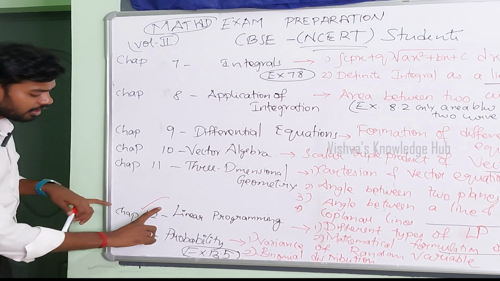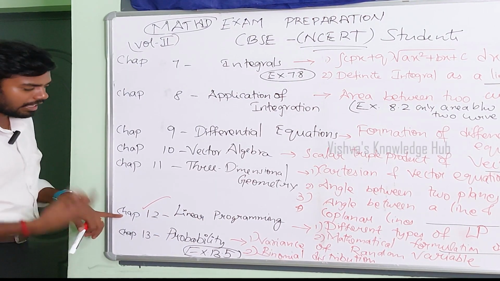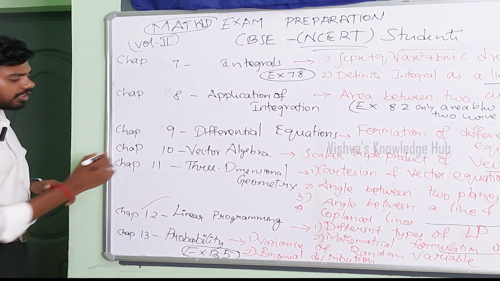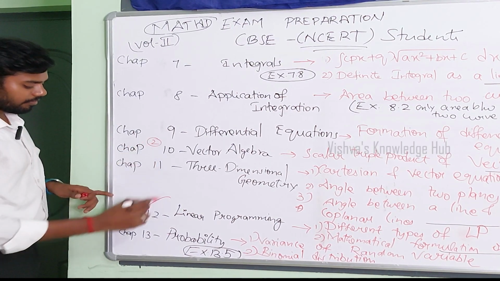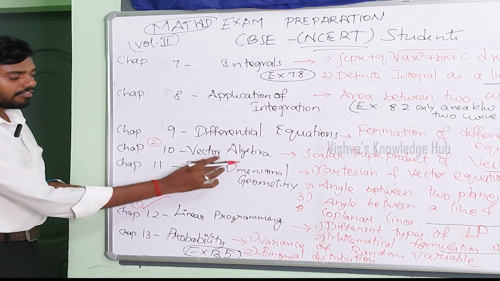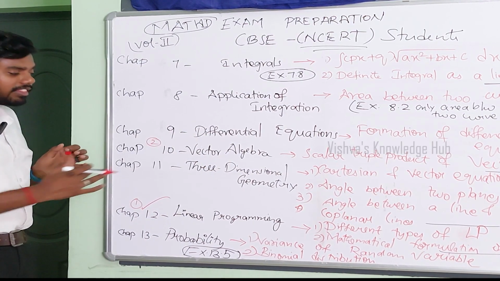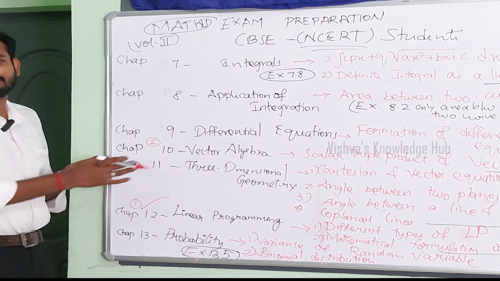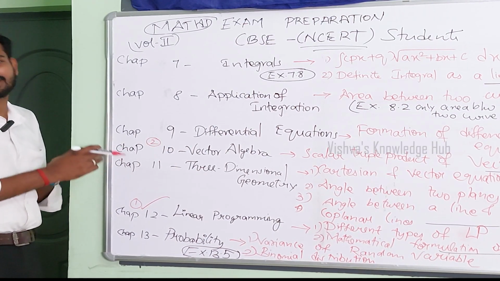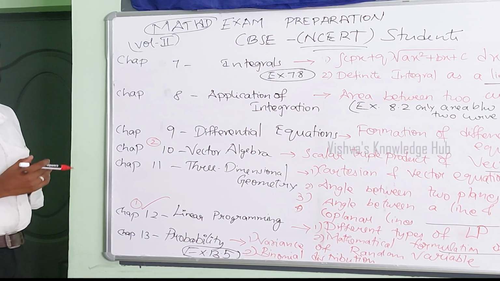So learn linear programming first, and the second part to learn is vector algebra, which is very easy. If you learn vector algebra, 3D is entirely similar, depending on the dot product, the Cartesian form, and the cross product.